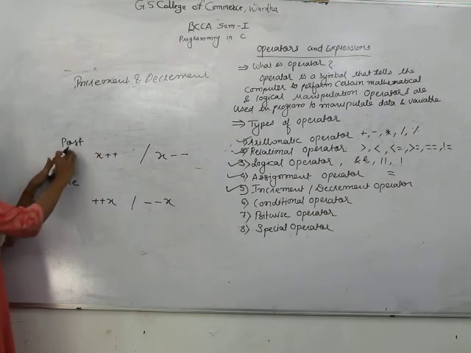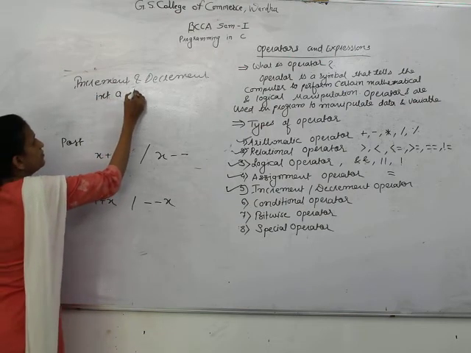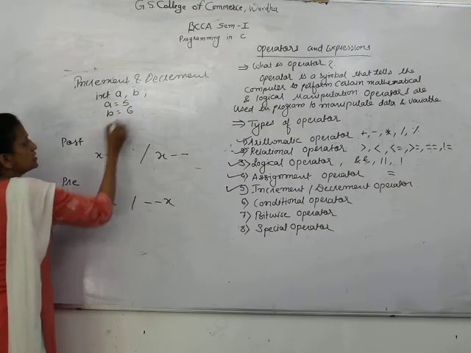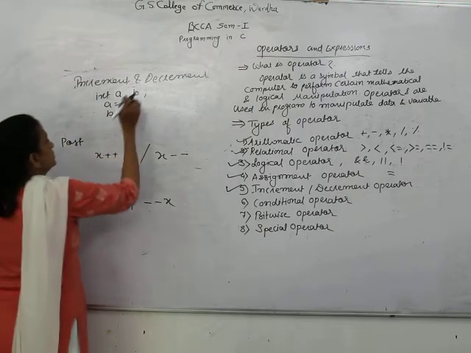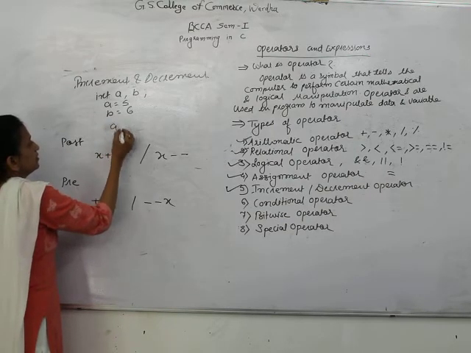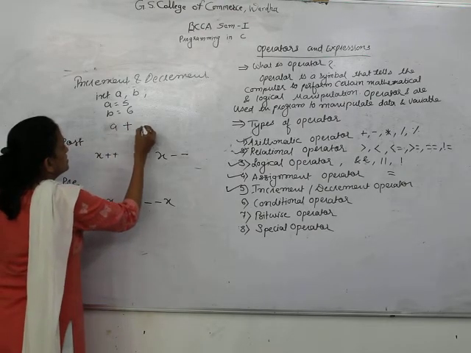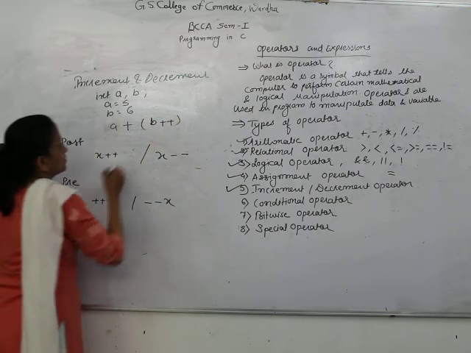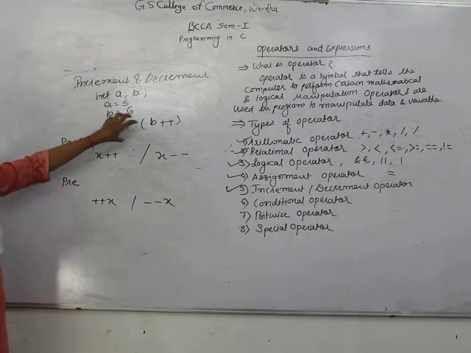First we will try to understand post increment. int a, b; a is equal to 5 and b is equal to 6. If you write an expression, for example a plus b plus plus, how will the compiler perform this task?